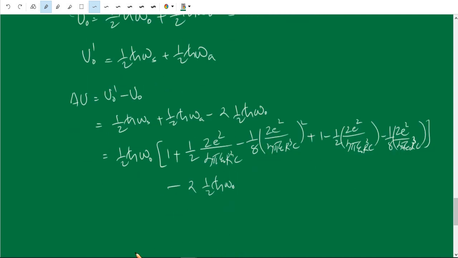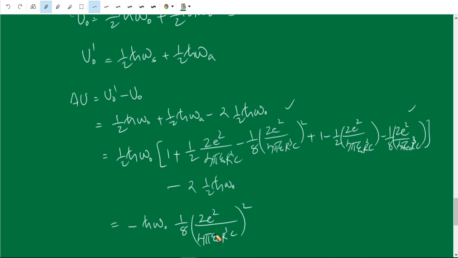Therefore this will be equal to minus h cross omega 0 into 1 by 8 (2e square by 4 pi epsilon 0 r cube c) whole square.